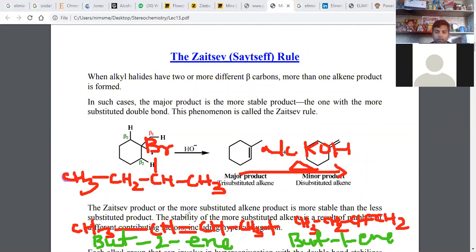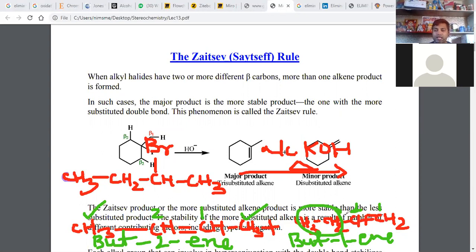We can see here this is more substituted. In this carbon-carbon double bond, one methyl group is substituted to carbon 1 and a second methyl group is substituted to carbon 2. But in the other one there is only one substitution, an ethyl group, on one carbon of the double bond.